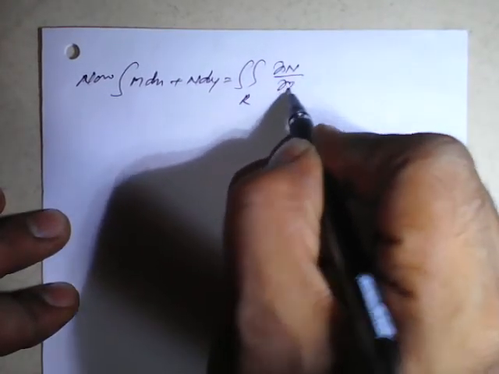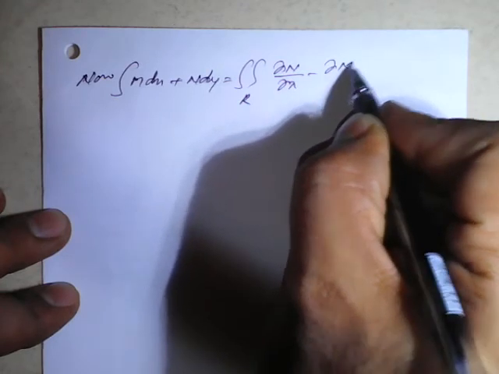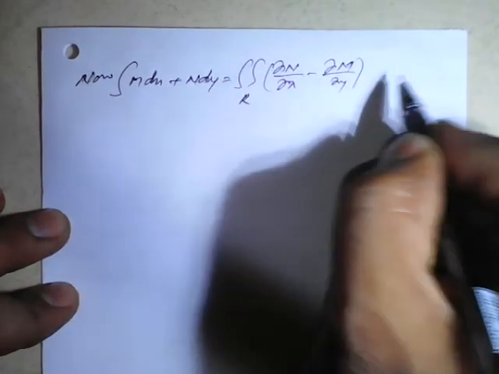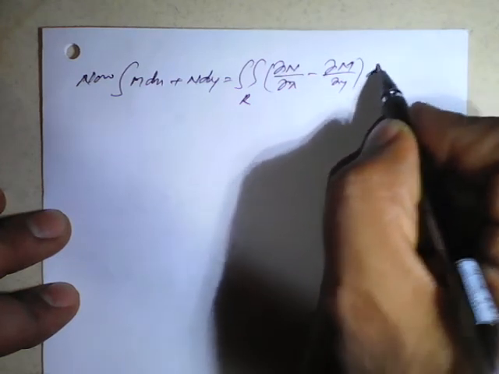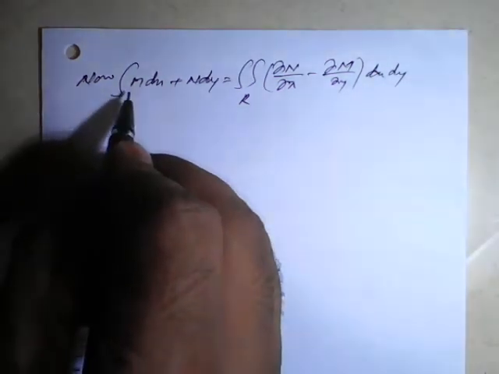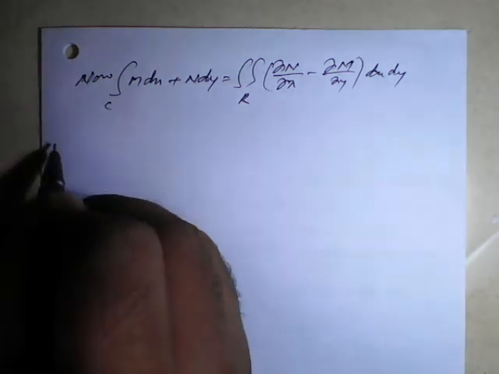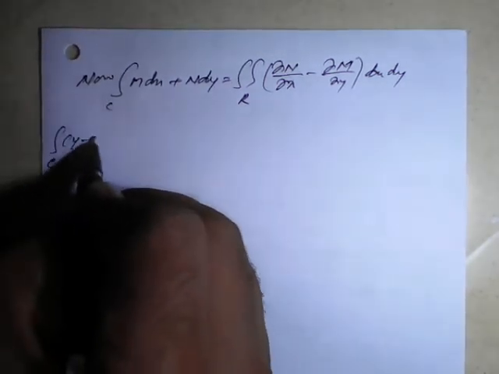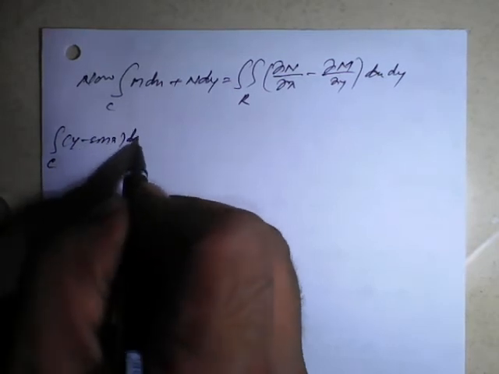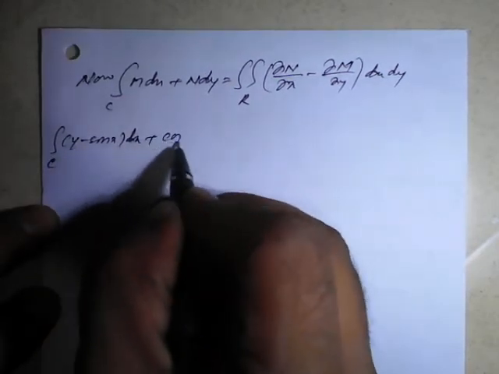Now we know that the integral over C of m dx plus n dy is equal to the double integral over the region R of (∂n/∂x minus ∂m/∂y) dx dy. Here m is y minus sin x as per the question, and n is cos x.